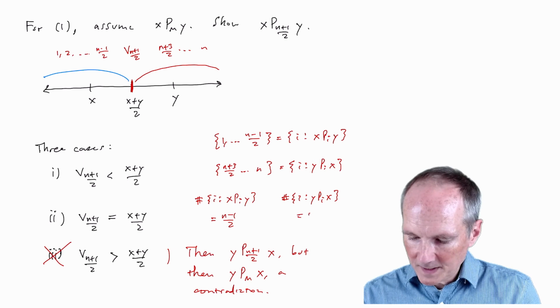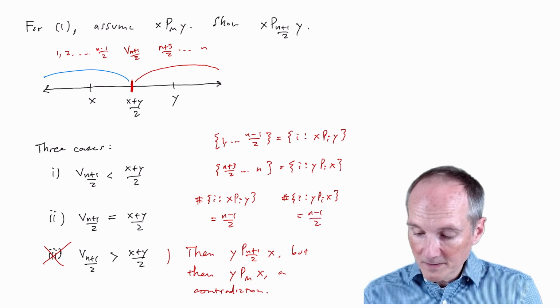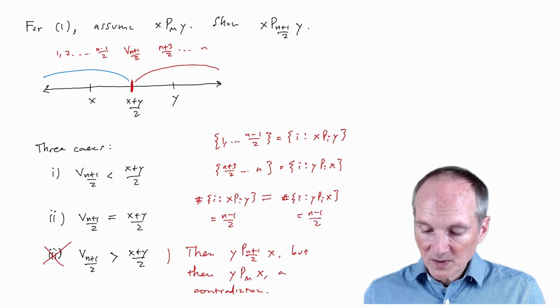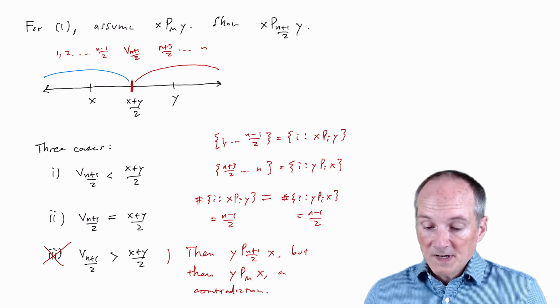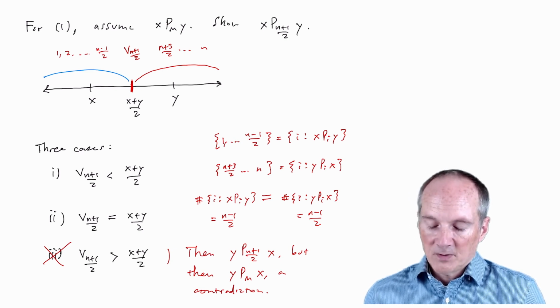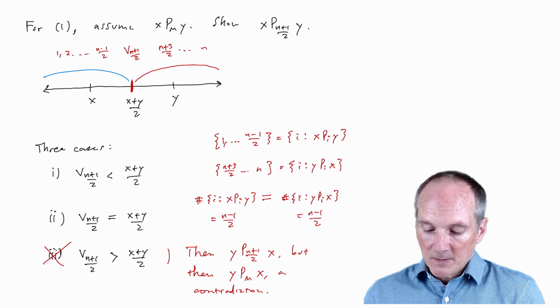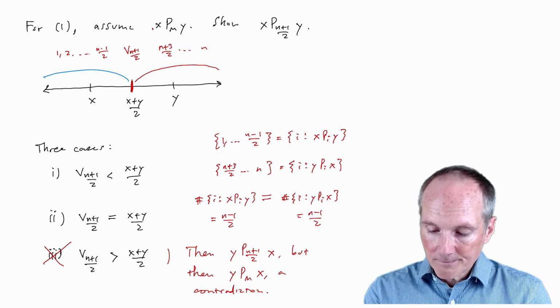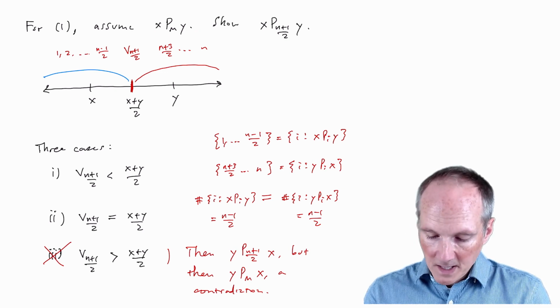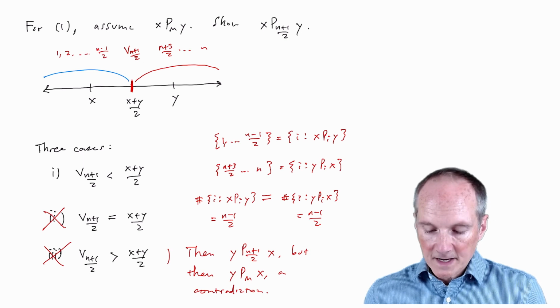Well, there's just n minus 1 over 2 of them as well. So these numbers are equal. What that means is that in this case, x and y would tie. There would be a majority tie between them, and we can't have x beating y. Again, that contradicts our assumption, and so we can rule that case out as well, right?